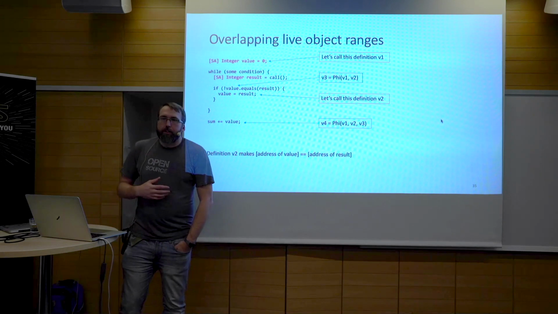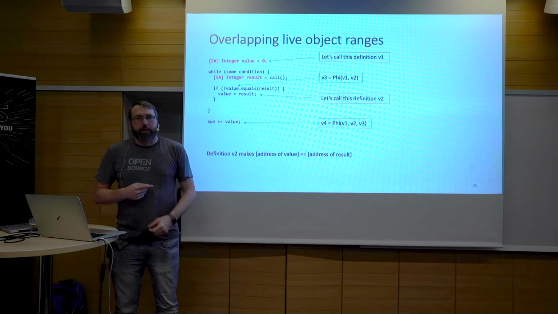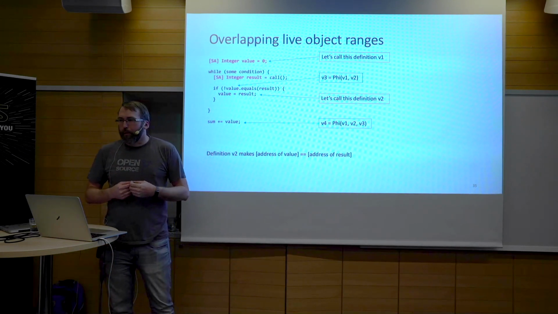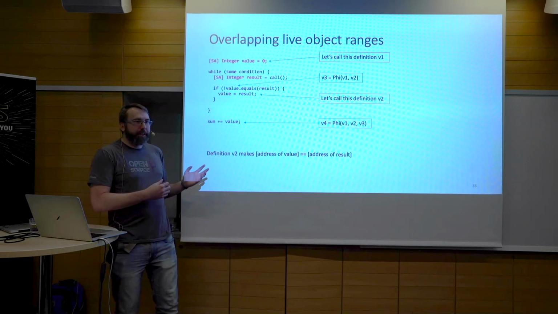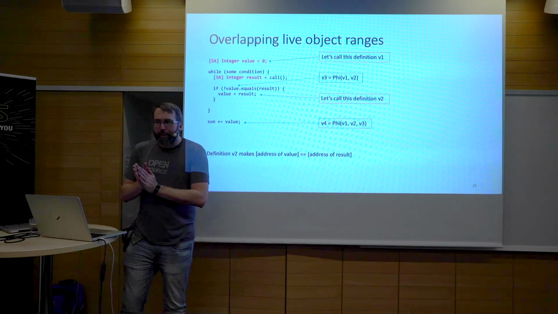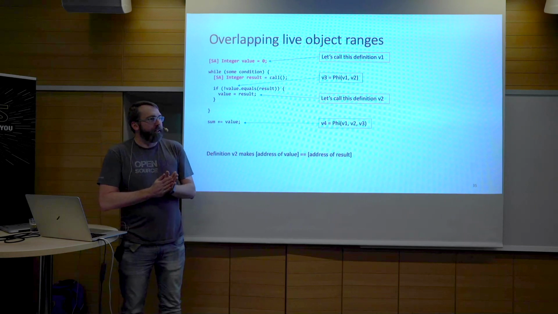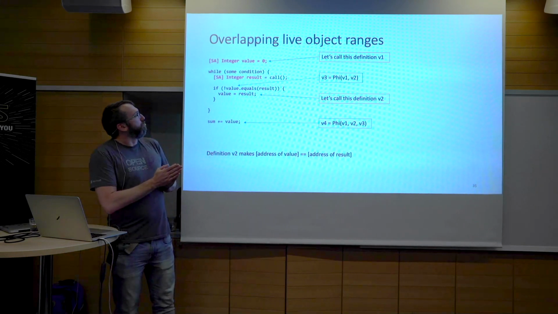Overlapping live ranges. This was one of the gotchas that both Nicola and I were completely aware of, but then forgot while we were writing the code. And then very quickly, some benchmarks and regular code found it.